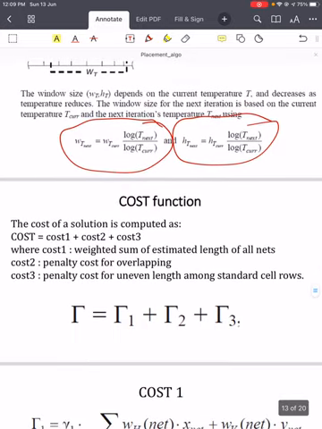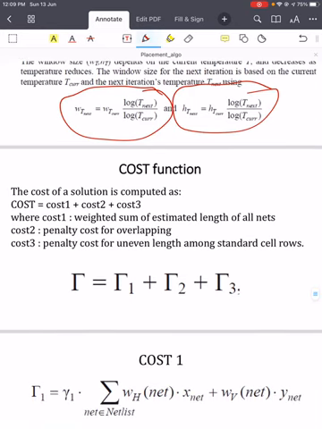Now let's see what the different components of the cost function are. This composite cost function consists of three individual costs: first cost 1, then cost 2, then cost 3. Cost 1 corresponds to the weighted sum of the estimated length of all nets.